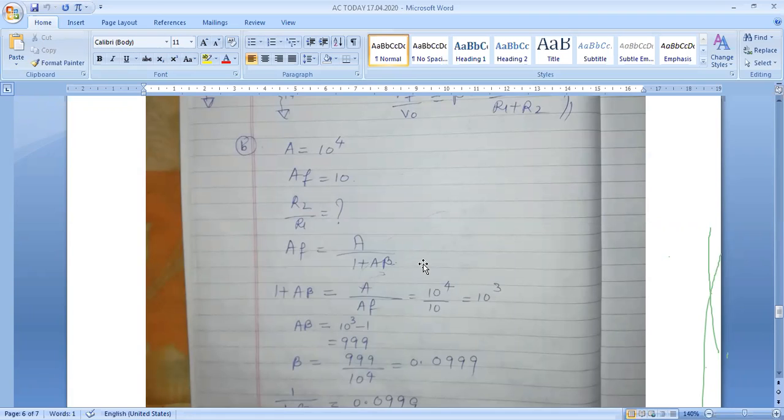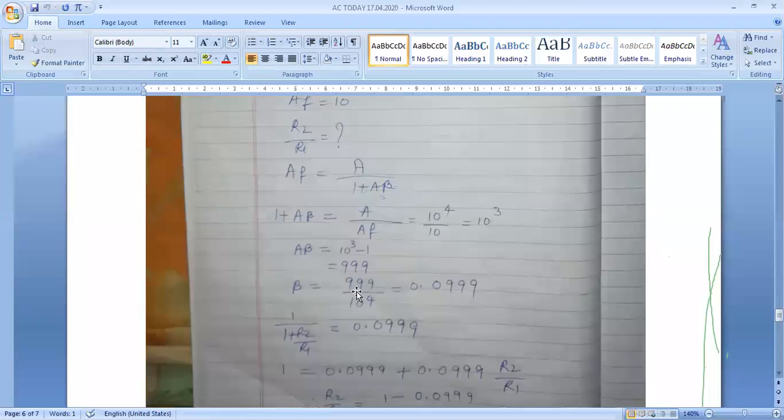So 1 plus A beta equals A divided by AF, which is 10 raised to 4 divided by 10, that will give me 1000, that is 10 raised to 3. So A beta equals 10 raised to 3 minus 1. I take this 1 to the right side and get 999.